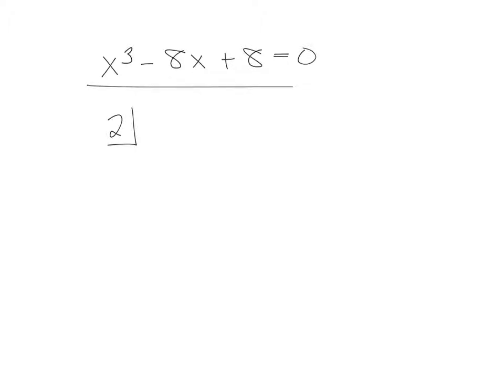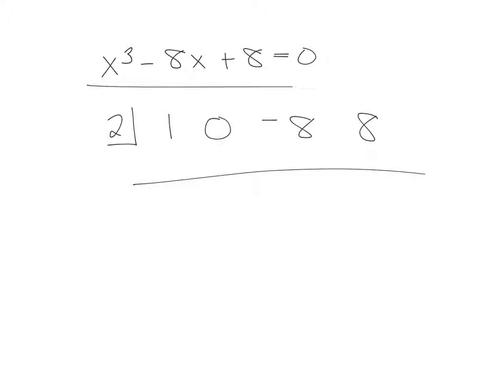So if we look at the original equation, I'm going to write the synthetic division template. The first coefficient is a 1. The second coefficient is a 0 because x squared is not there. Then we have -8 and then a +8. Now I'm going to divide by 2 since you already found this as an answer.